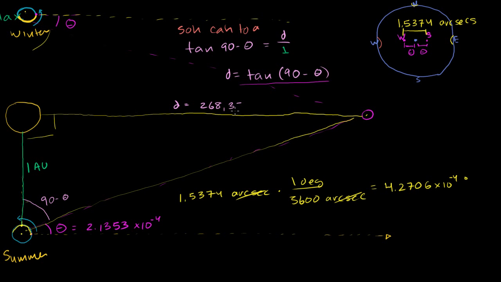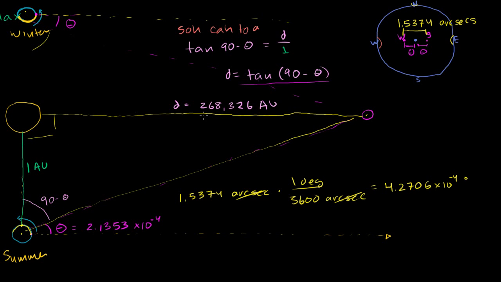Although when you're involving trigonometry, the significant digits get a little bit shadier, I'll just write the whole number here. 268,326 astronomical units. So it's this many distances between the sun and the Earth.